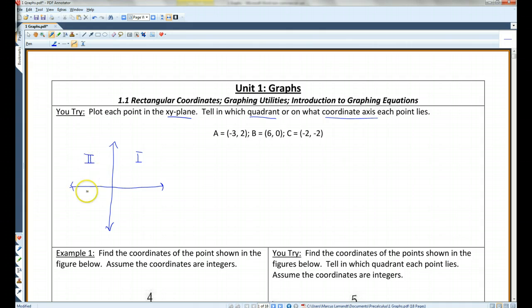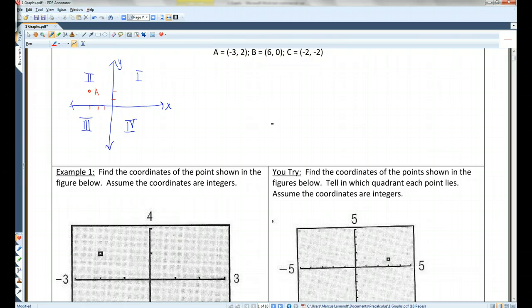It's first quadrant, second quadrant, third quadrant, fourth quadrant. This is the x-axis and this is the y-axis. So the first point is negative 3, 2. There it is. It is in quadrant 2. There you go. Go ahead and plot the other 2 points.